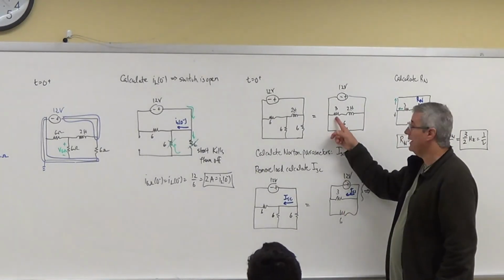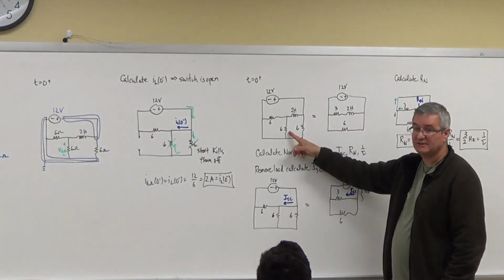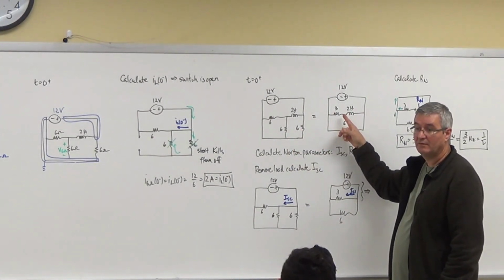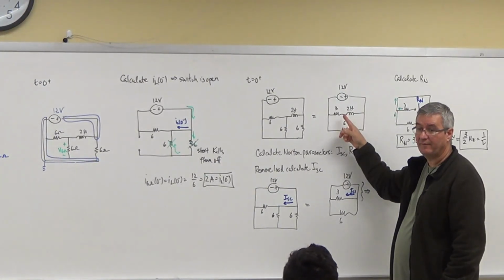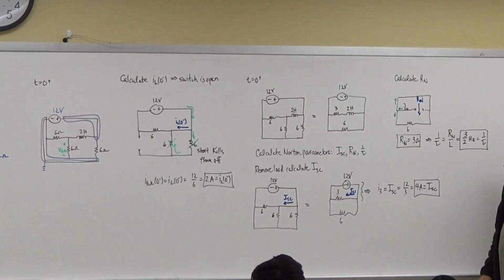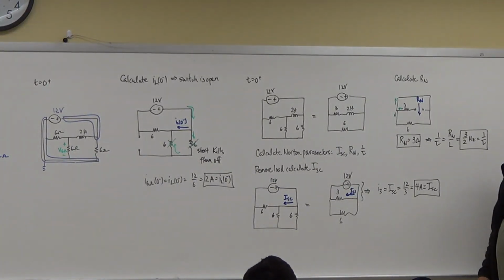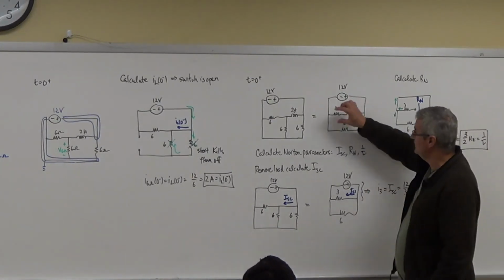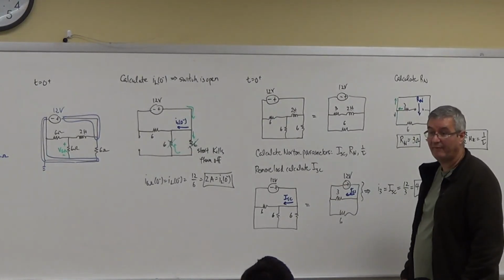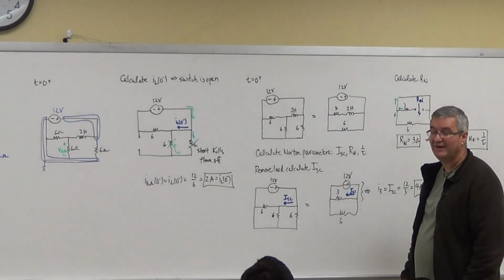But wait a minute, I thought this was 6. Doesn't it divide the voltage by half? Let me say that again. Doesn't it divide the voltage by half? Because look, that 3 is these two 6 ohm resistors, and I'm after that voltage. They're in parallel.